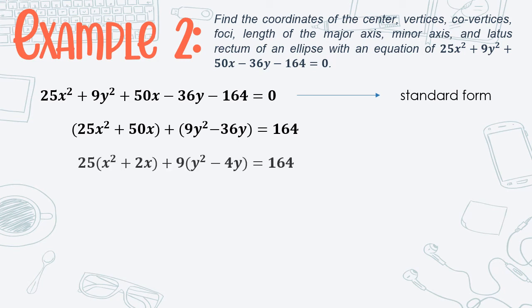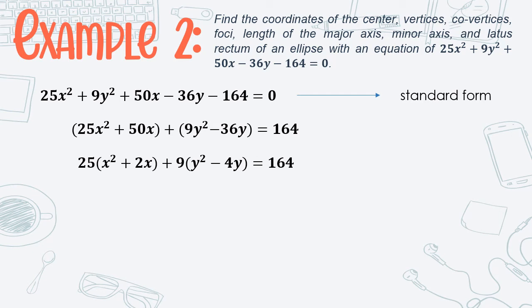So we can have 25 times x squared plus 2x, and we can also have 9 times y squared minus 4y. So those are the factors. Now, as you can see, we only have a numerical coefficient of 1 for x squared and y squared. We can now complete the square.